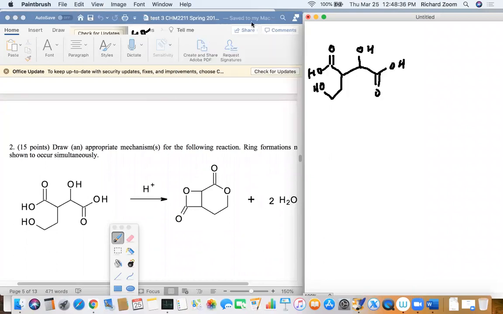Is everybody okay with at least how I know which OH is attacking which C double bond O? Okay, I'll give you another 5, 4, 3, 2, 1. There we go. Okay. Does anybody have any questions?